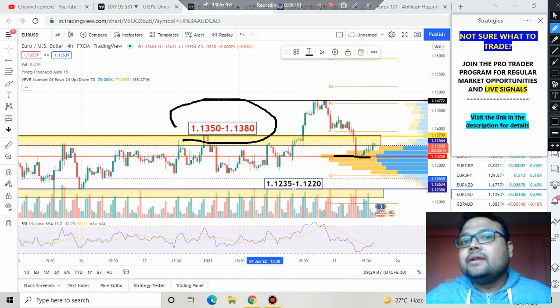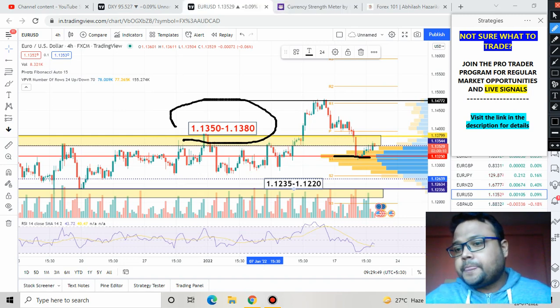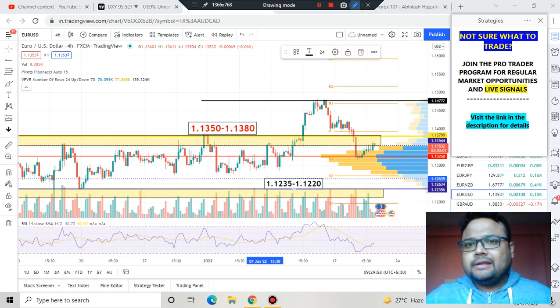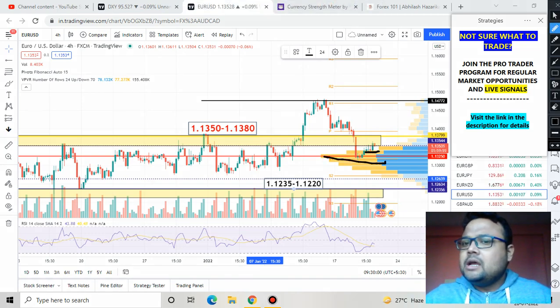It is not as relevant as it used to be. So if you see any sudden movement on DXY, and you see a good buying possibility on Euro USD, then obviously you can take it. And if it comes down to the support levels, you can definitely go for a buy.